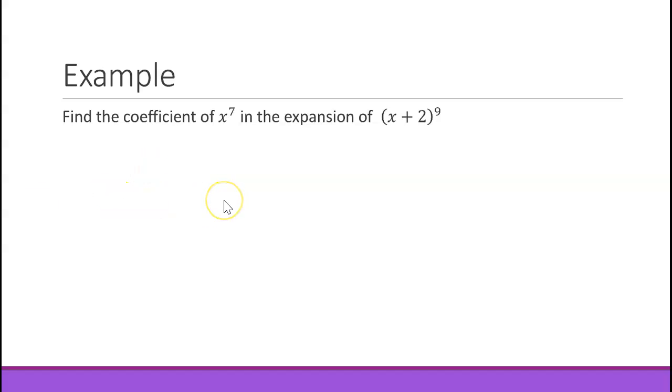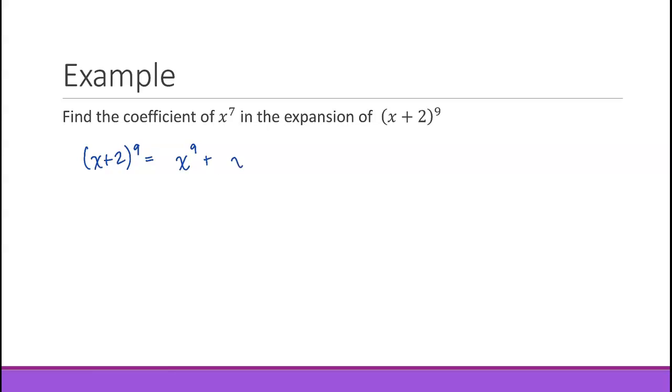So what we want to go ahead and do is think about how if we did have x plus 2 to the 9th, the first term would have the x to the 9th in it, right? So we'd have the first term is x to the 9th, and the coefficient in front would be 1. And then the second term would have an x to the 8th in it.